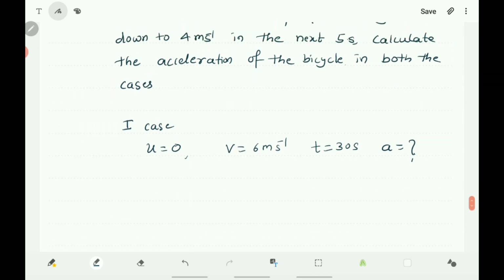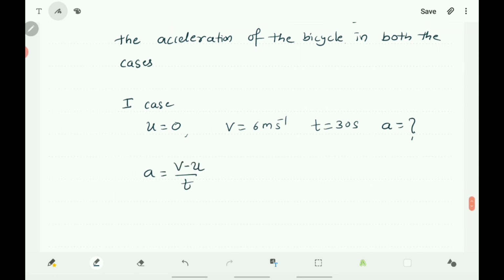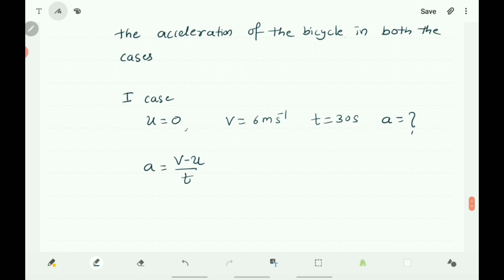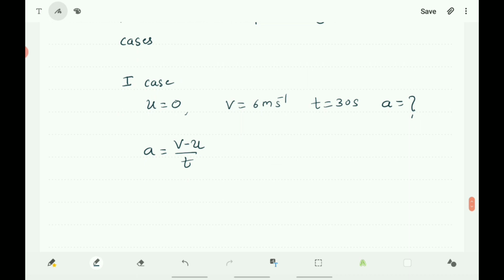So you write the formula for the acceleration, that is a is equal to (v minus u) by t. What is v here? That is the final velocity, u is the initial velocity and t is the time taken to reach that final velocity, and you substitute the values here.